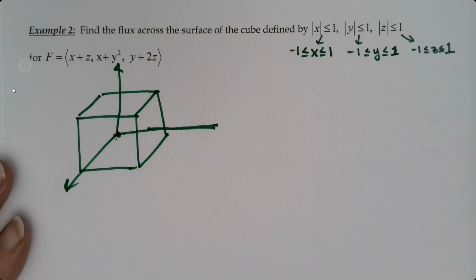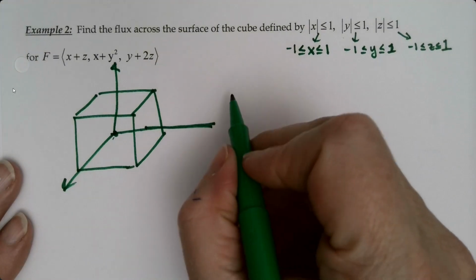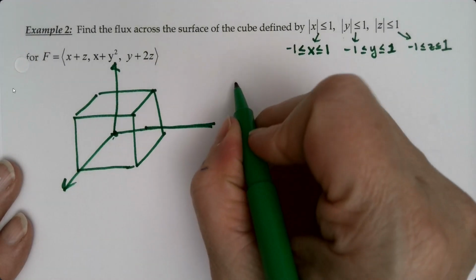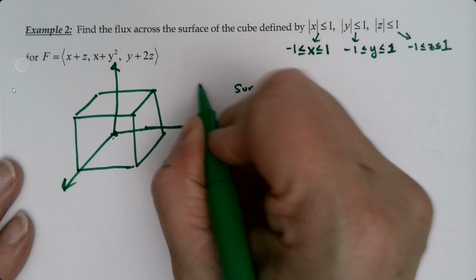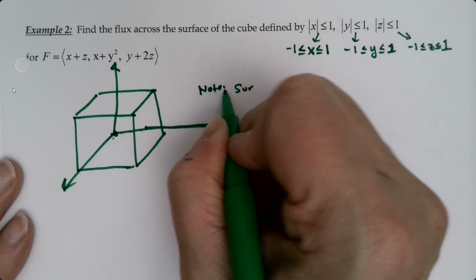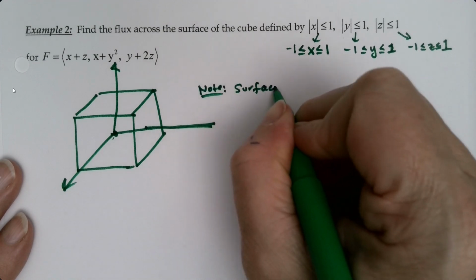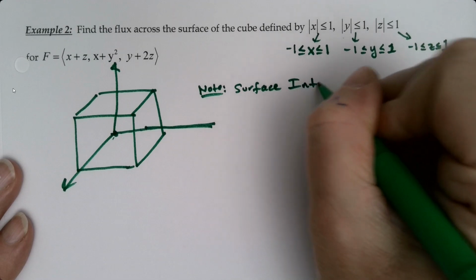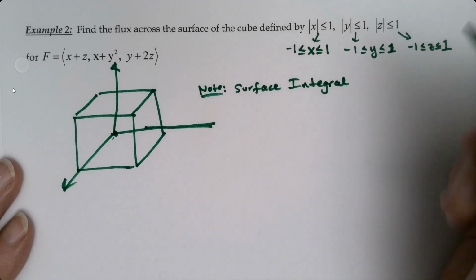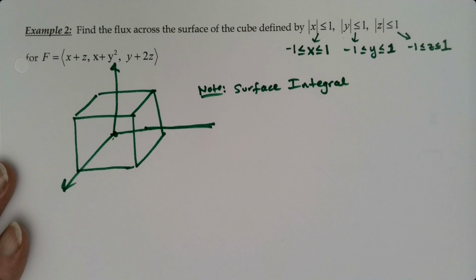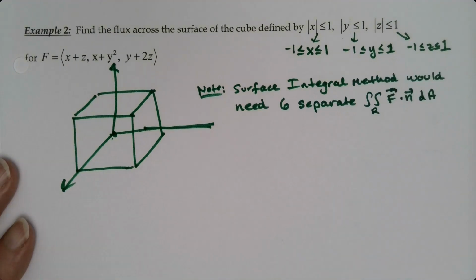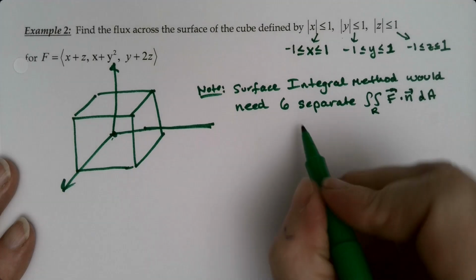Now, we do not want to do the surface integral method, so let's make a note here. The surface integral method for finding flux would require us to find 6 different separate double integrals. So yuck.